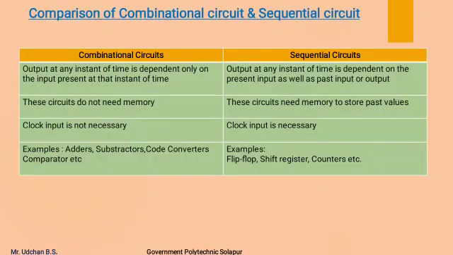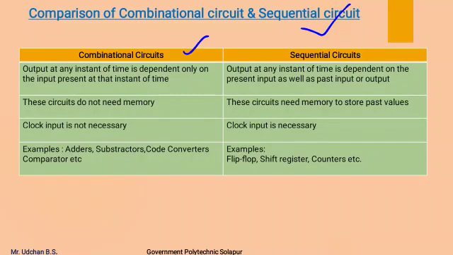Now we will see the comparison of combinational circuit and sequential circuit. This we already studied in the initial part of the unit 3. Again we will revise it once again. In combinational circuit, the output at any instant of time is dependent only on the input present at that instant of time, whereas in sequential circuit, output at any instant of time is dependent on the present input as well as past input or output values.